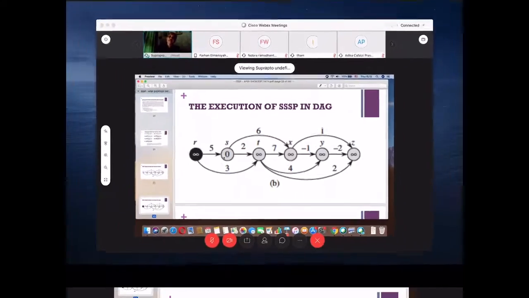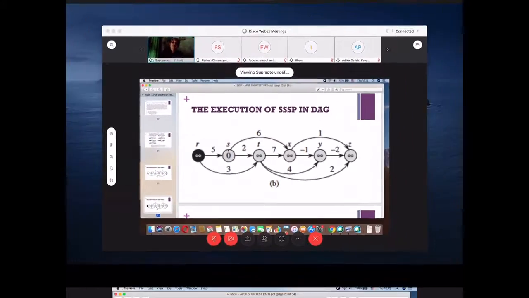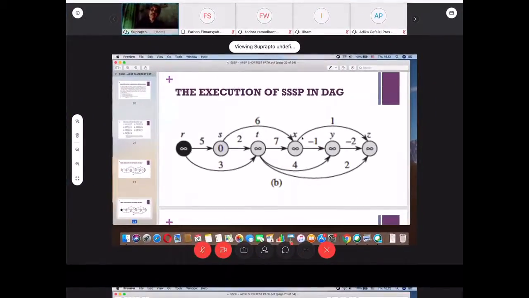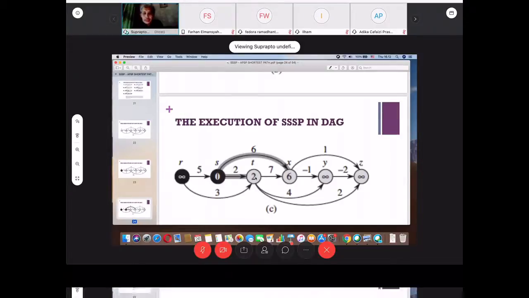Okay, now next is vertex S according to this order, right? And from S there are outgoing edges. How many outgoing edges? There are 3 outgoing edges. One is going to T, the second to Y, and the third to Z, right?